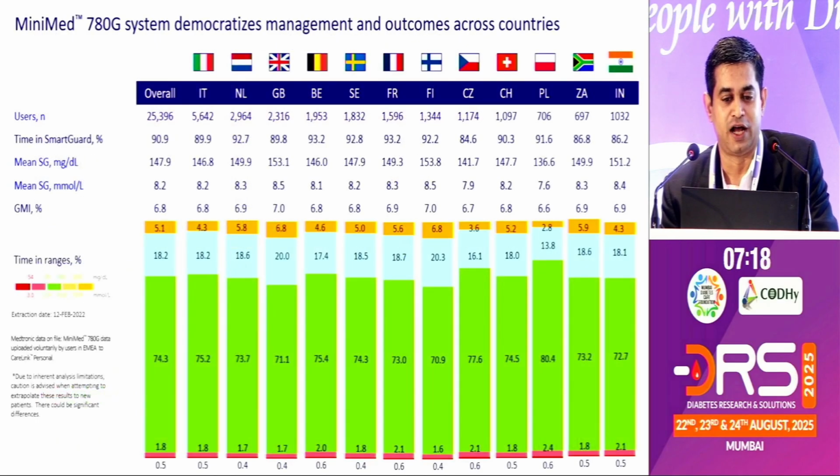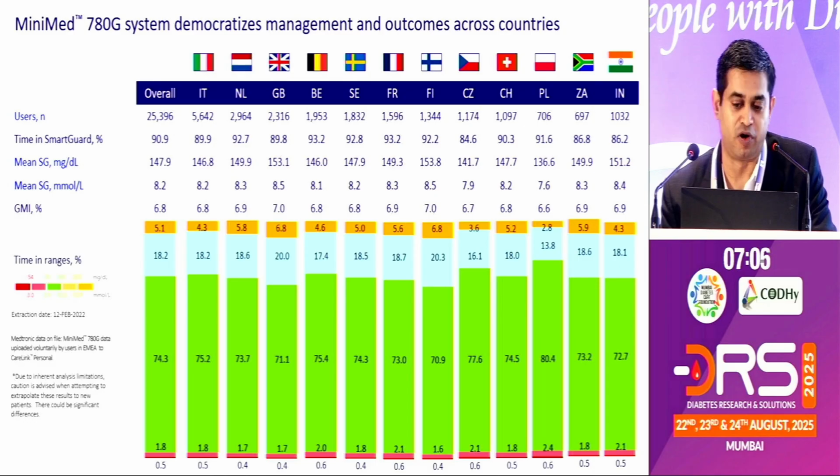Now, how do you see individual countries? Whether it is Italy or Netherlands or Great Britain, or you can see India, the time in range achieved by people with type 1 is almost the same, and the hypoglycemia is much less if you compare India to any other developed nations.